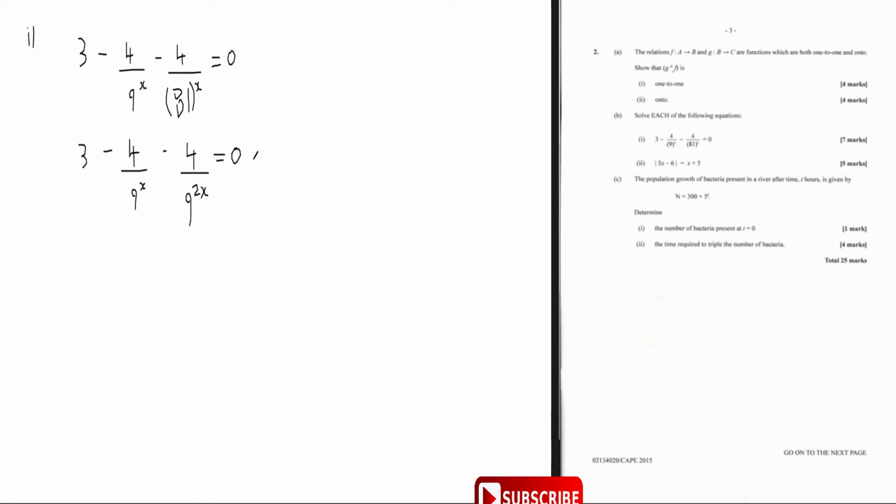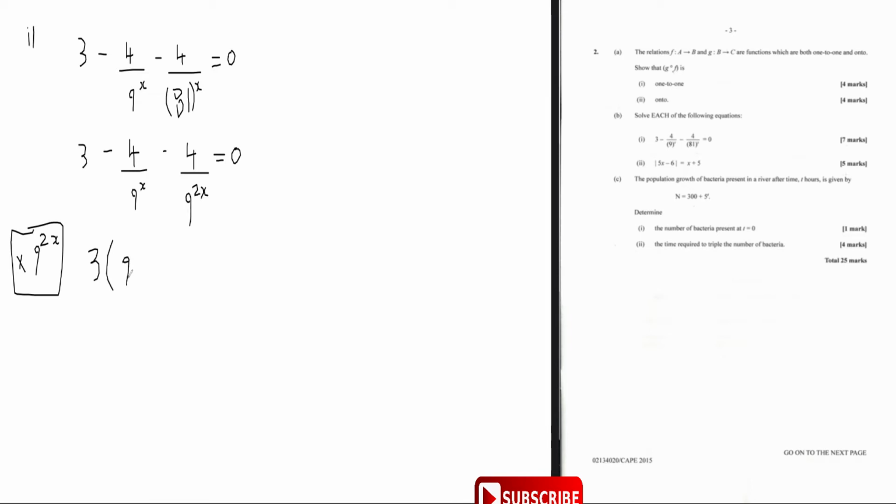So what I'm going to do is multiply through this equation by 9 to the 2x. By multiplying this equation through by 9 to the 2x, this becomes 3 times 9 to the 2x.